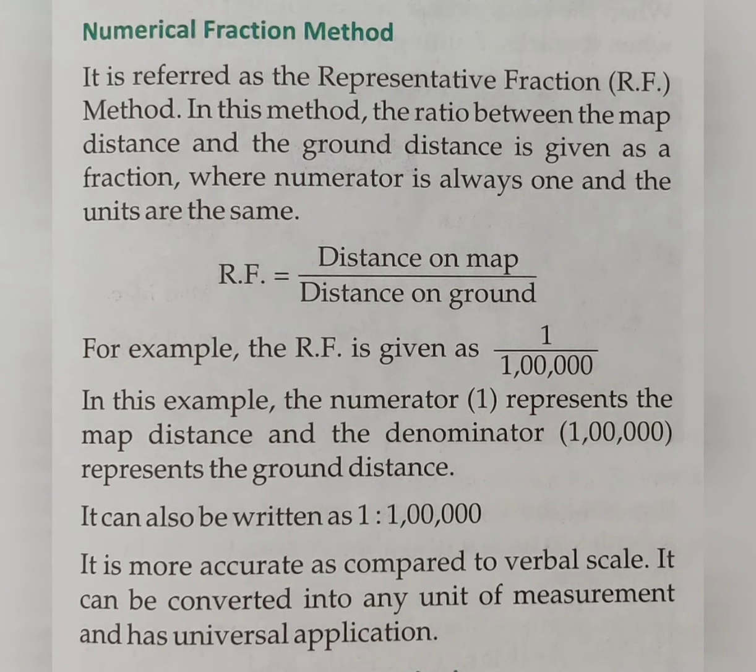For example, RF is given as 1 upon 1 lakh. In this example, the numerator 1 represents the map distance and the denominator 1 lakh represents the ground distance. It can also be written as 1 ratio 1 lakh. It is more accurate as compared to the verbal scale. It can be converted into any unit of measurement and has universal application.